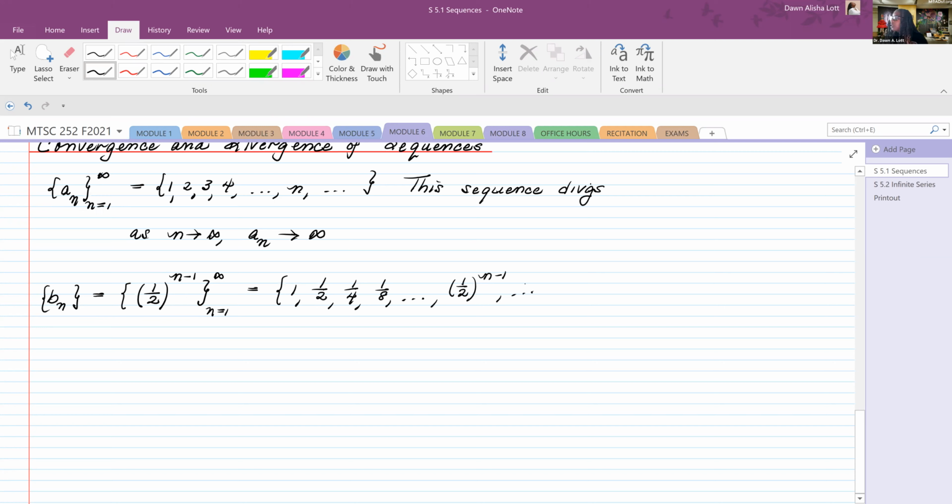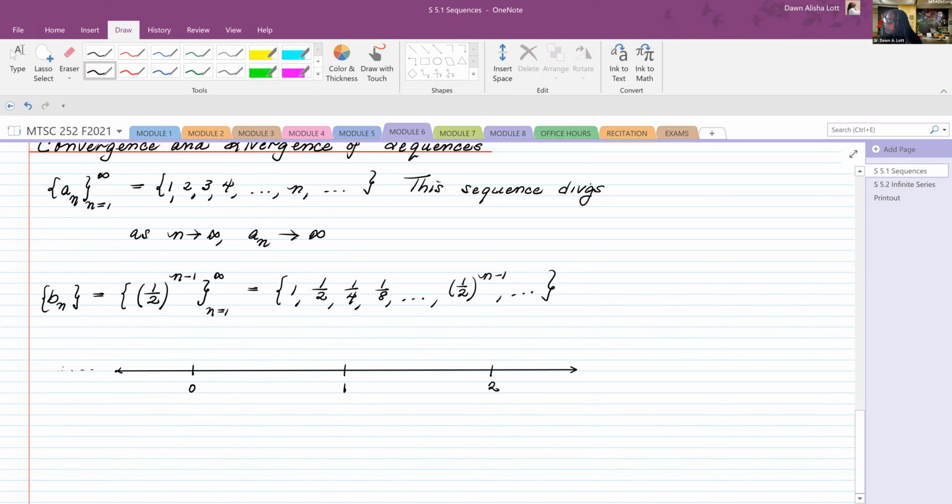Now let's say I was to draw this sequence on a number line. Here is 0, here is 1, here is 2, and then of course somewhere down the line here is -1 or whatever.